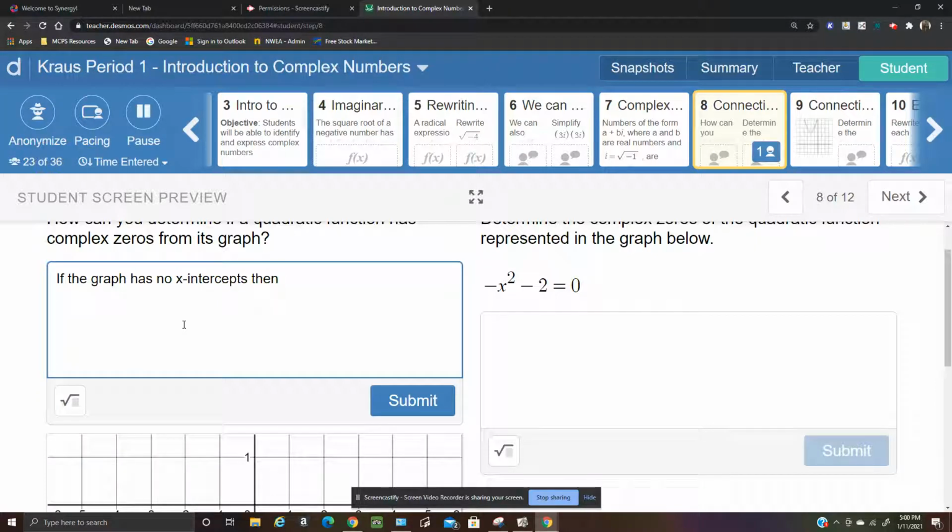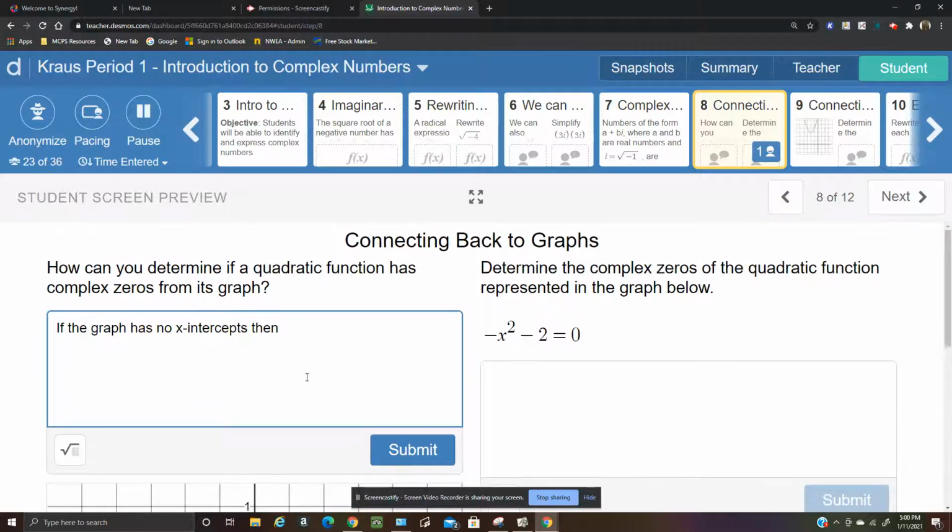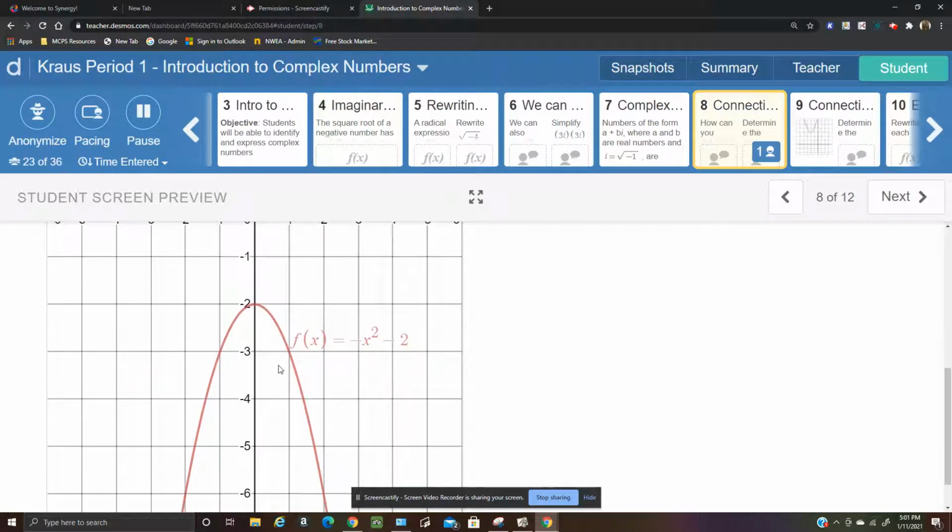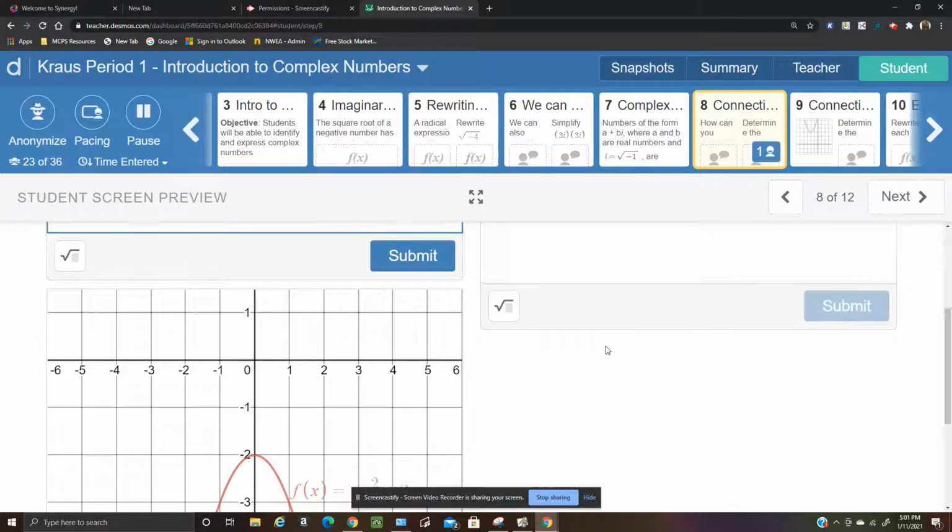Then the function. Alright, so this has no x-intercept, so it's going to have complex zeros.